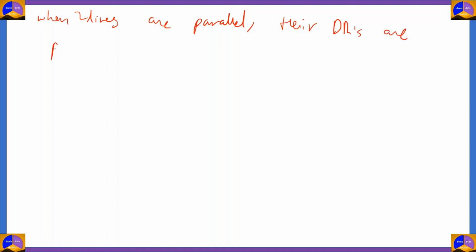So when lines are parallel, the normal is also a vector and the line is also a vector. So when these two are parallel, their DRs, that is the direction ratios, are proportional.